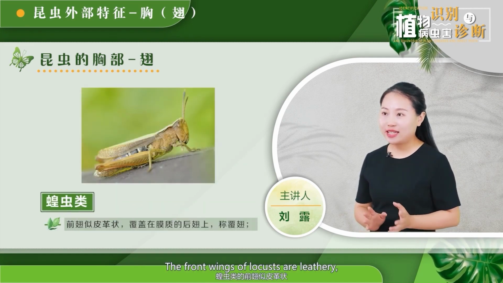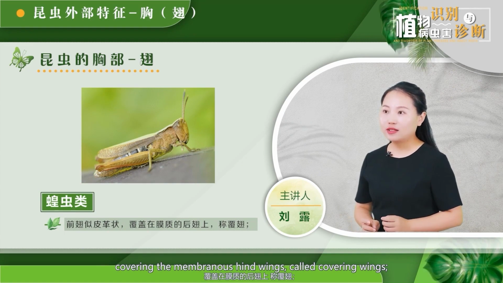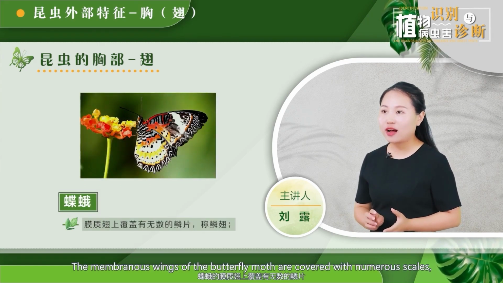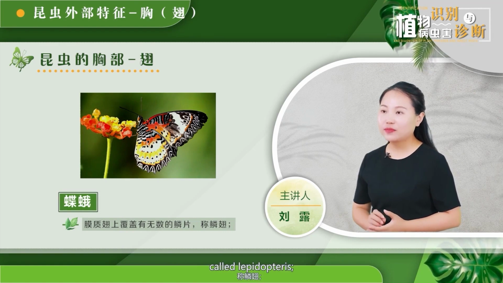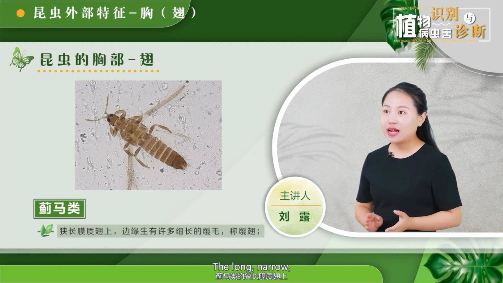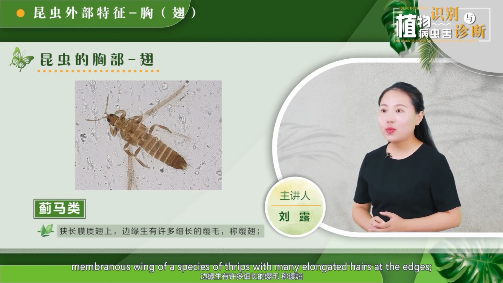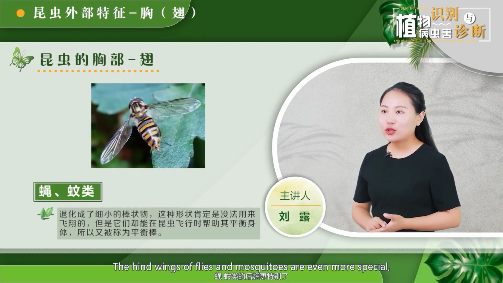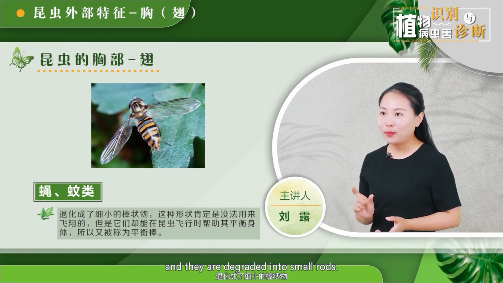The front wings of locusts are leathery, covering the membranous hind wings, called covering wings. The membranous wings of the butterfly moth are covered with numerous scales, called lepidopterous. The wing of a species of thrips is long, narrow, and membranous, with many elongated hairs at the edges. The hind wings of flies and mosquitoes are even more special, and they are degraded into small rods.